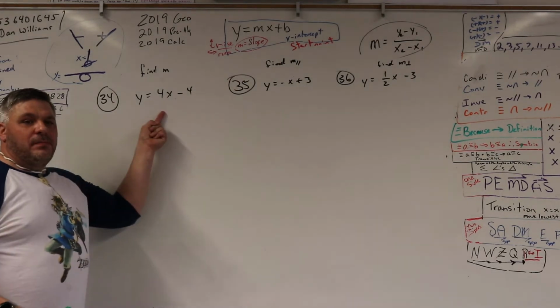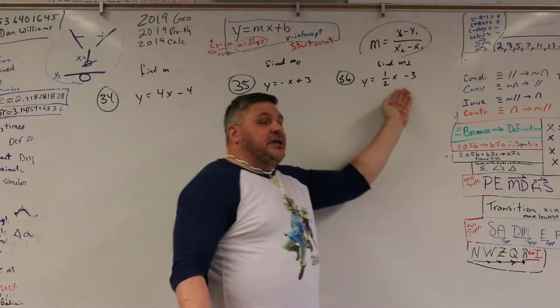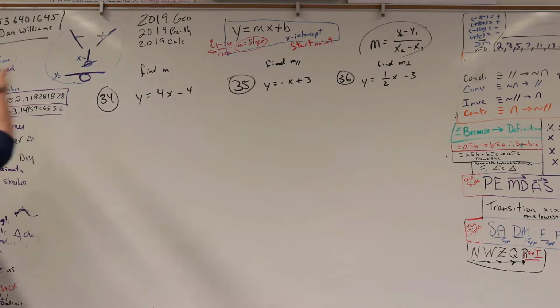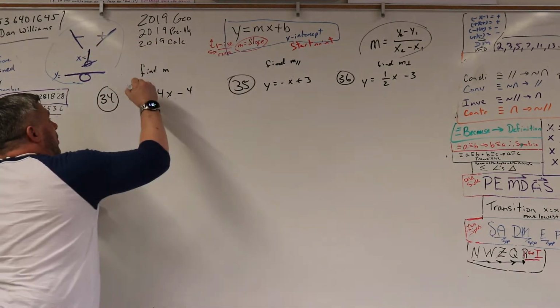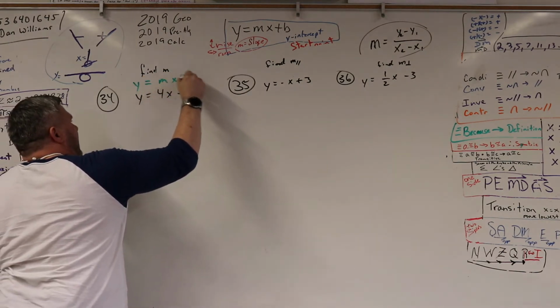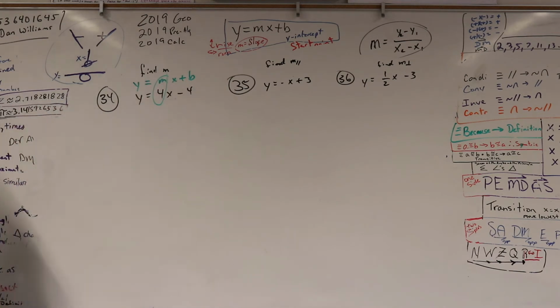Find the slope. Find the parallel slope. Find the perpendicular slope. Alright, first of all, use the goddess equation. Y equals mx plus b. As long as it's in that form, then that's your m.